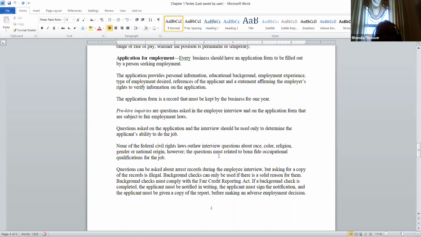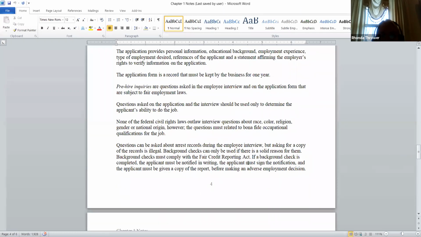However, the questions must be related to the bona fide occupational qualifications for the job. So if you have questions about someone's race, their religion, or their national origin, those questions have to be specific toward qualifications for the job. Otherwise, you could get into some trouble for illegal hiring practices.